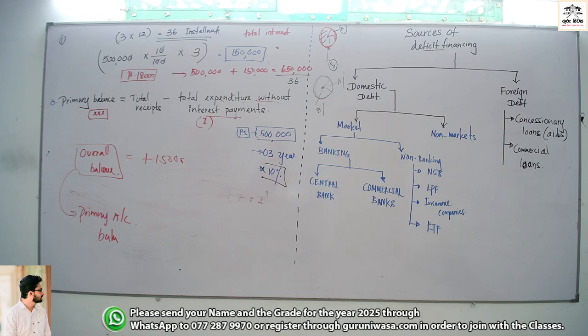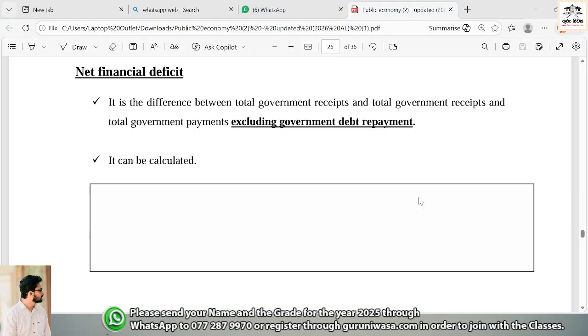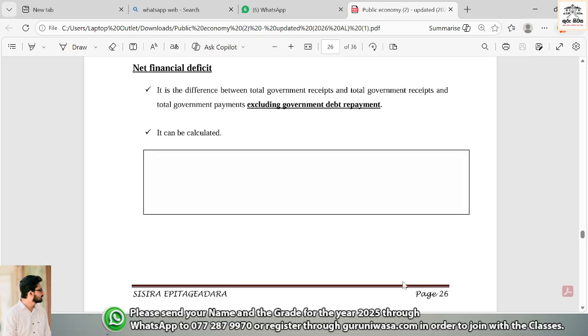Net cash deficit. The net cash deficit equation, okay? Write down the equation for net cash deficit.